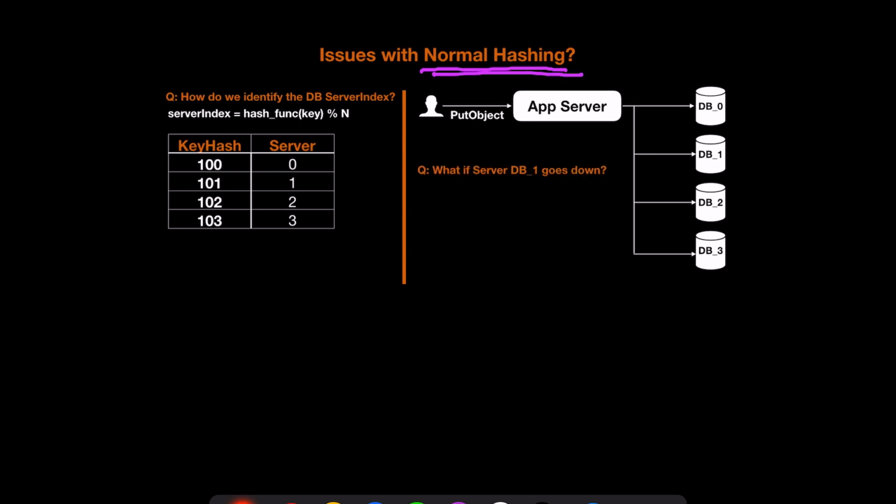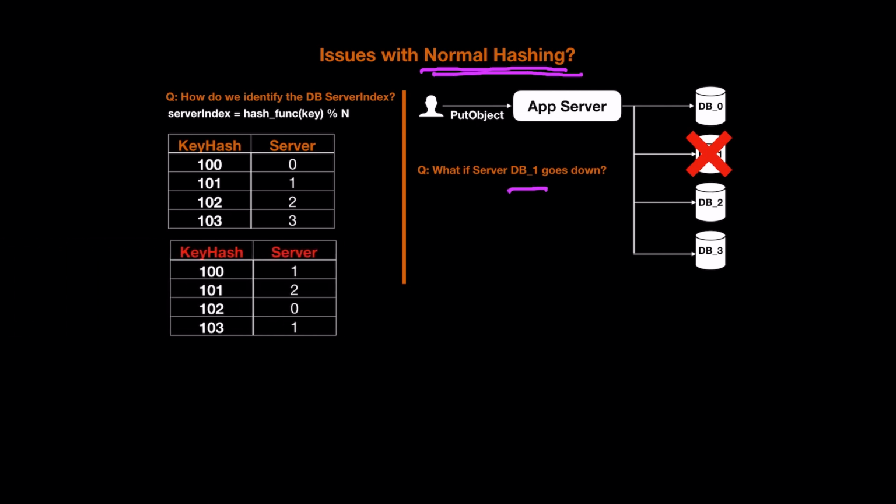First, let's answer the question: what if one database server goes down? For example, if DB1 goes down, what will happen? Earlier we had a total number of servers of 4, right? Now the total number of servers is equal to 3. That means the hash or the mapping from object key to our DB server has changed.